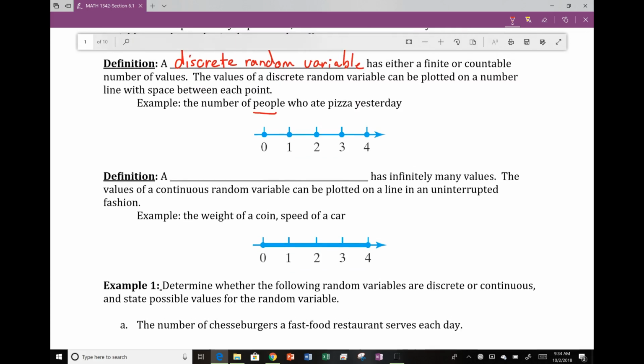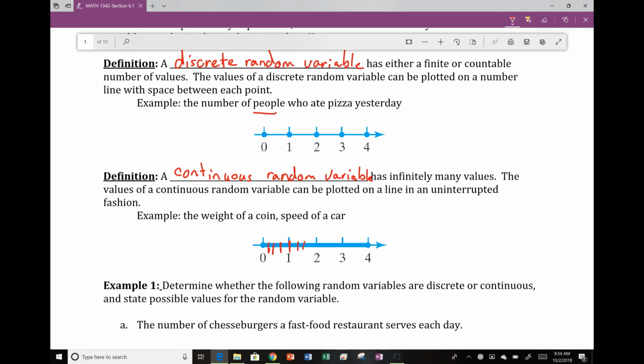A continuous random variable, recall that continuous variables are infinite, meaning that they can be anything in between, and so we're not exactly sure that it is exactly one item or another, such as the weight of a coin. The weight of a coin can be 0.01, 0.2, 0.5, 1, 1.1, 1.2, and so forth.